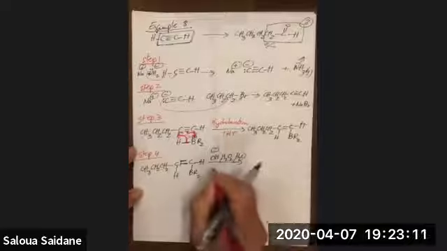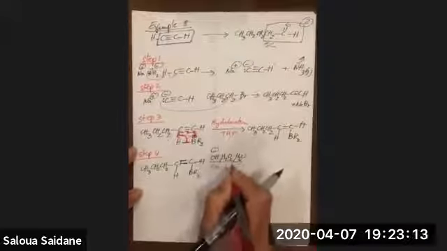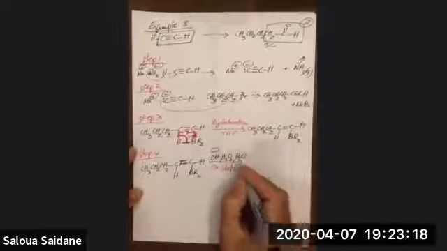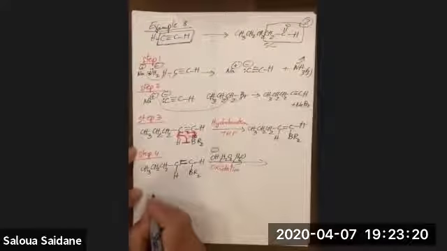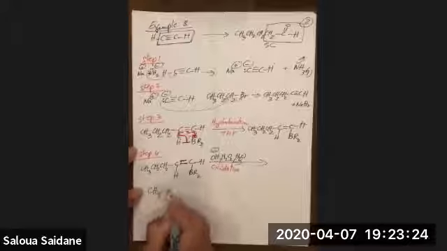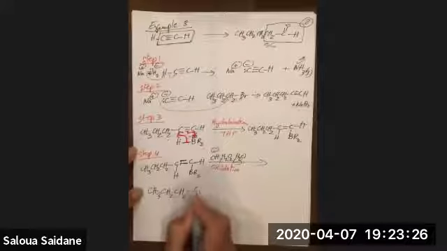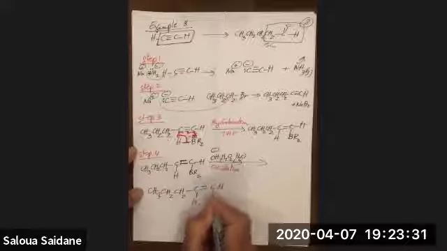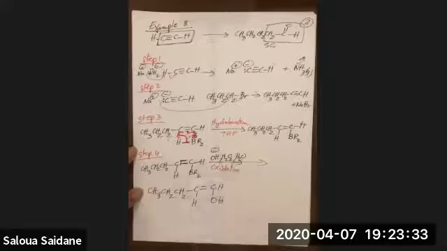So that's called oxidation. And we're going to end up with, I don't have enough room, so I'm going to write it here. CH3, CH2, CH2, CH, and then double bond, CH, OH.